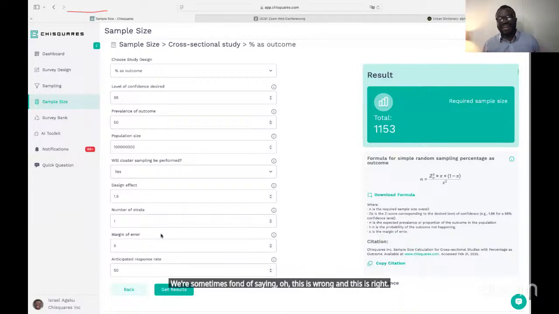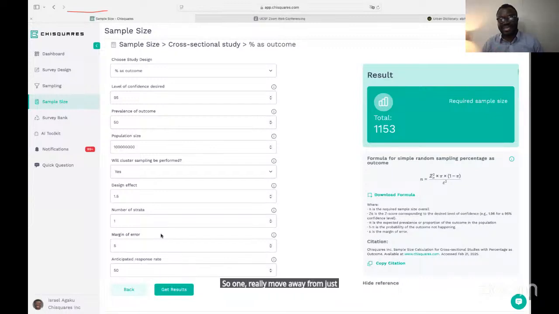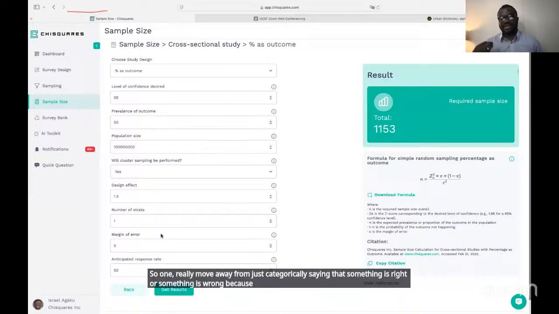In most cases in life, it's not that simplistic. It's more about, is this more appropriate in this context or less appropriate? We should move away from categorically saying something is right or wrong, because it doesn't reflect the maturity we expect from researchers who understand that it's all about context.